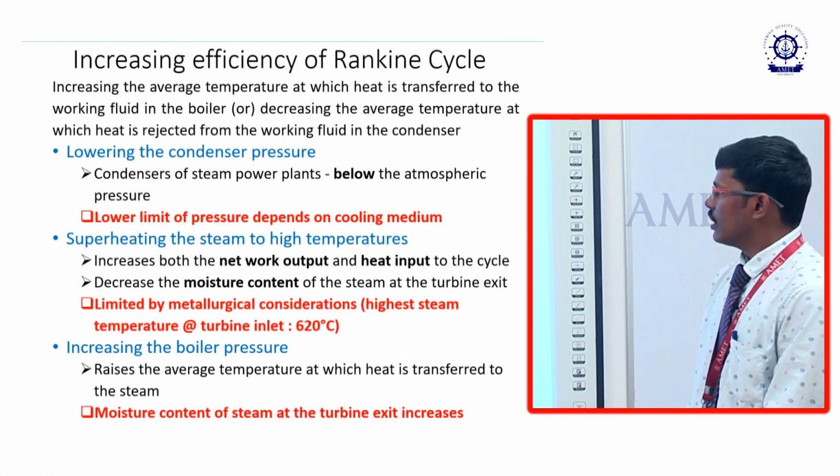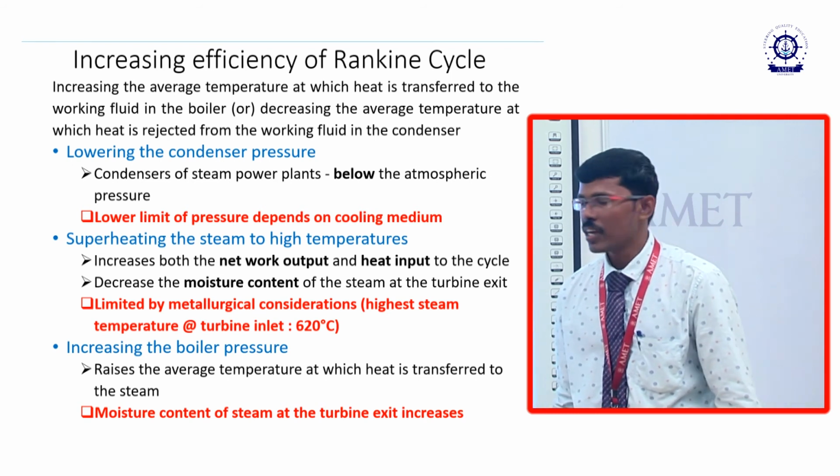So, it is not having that much effect, but there is a reduction in the net work output when the state goes from 3 to 3 dash. So, this has a disadvantage, and operating the boiler at a higher pressure will give us the opportunity to add more heat to the steam.